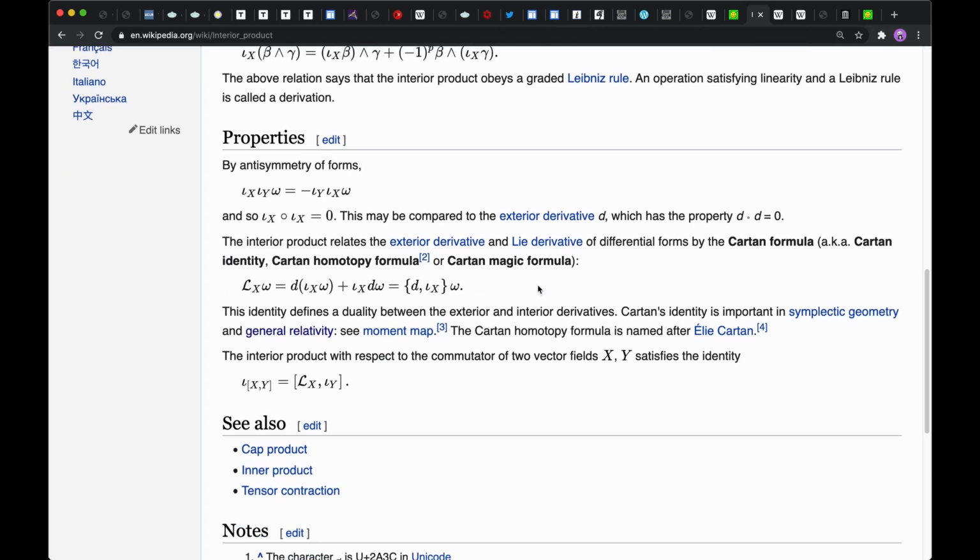Using it we can describe what is called the Cartan magic formula, or Cartan formula, or Cartan homotopy formula: we can describe the Lie derivative, which we have seen in previous chapters, using the anti-commutator of the exterior derivative and the interior product.